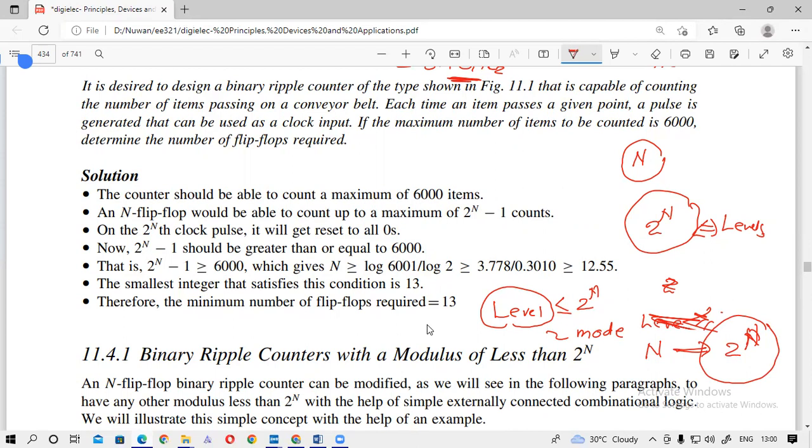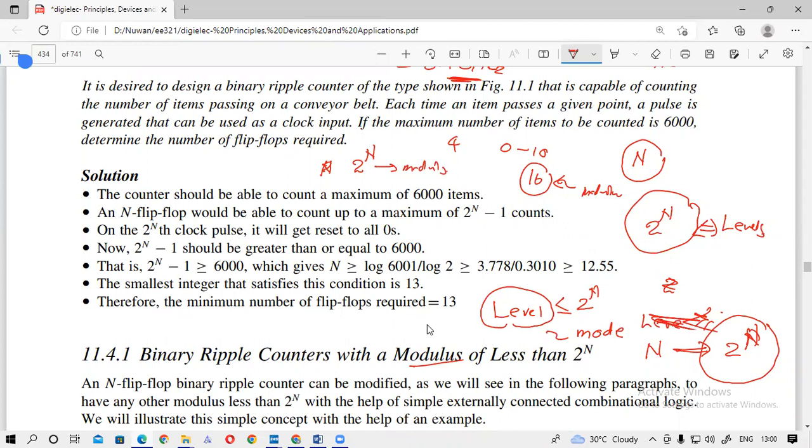If you have 4 flip-flops, you can get values from 0 to 15, that means 16 levels. This number of levels we call the modulus. So if you have n bits, you will have 2 to the power n modulus.